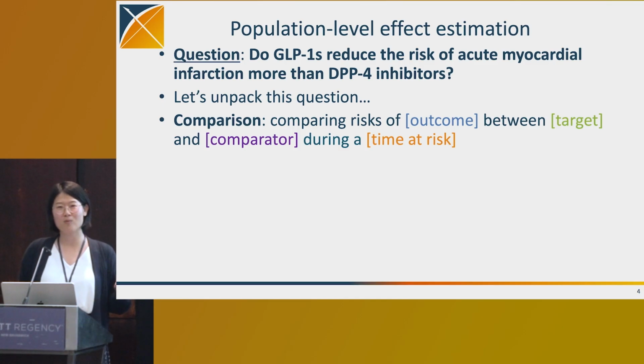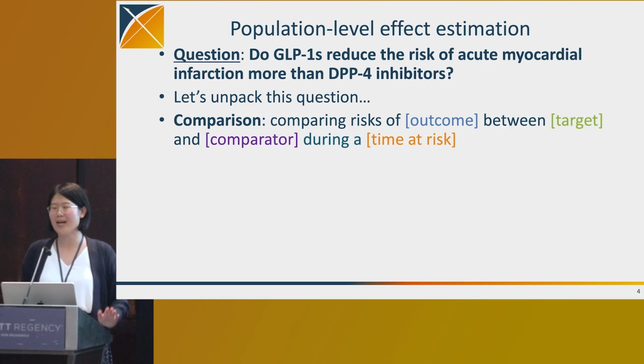And can someone tell me what is the target and what is the comparator here? Can I get another volunteer? Maybe the table in the middle? GLP-1, DPP-4. Excellent. You got 2 points for answering both correctly. Yes, so the target is GLP-1s, the comparator is DPP-4s.